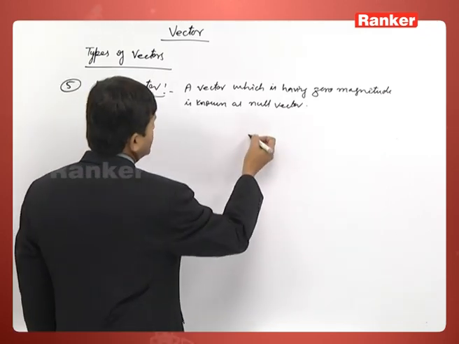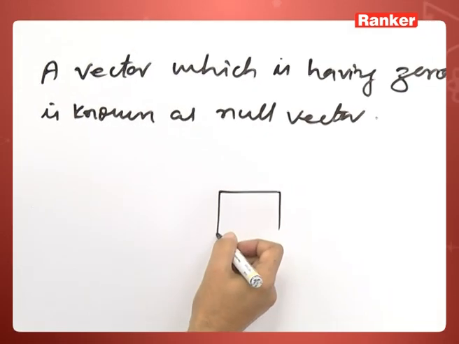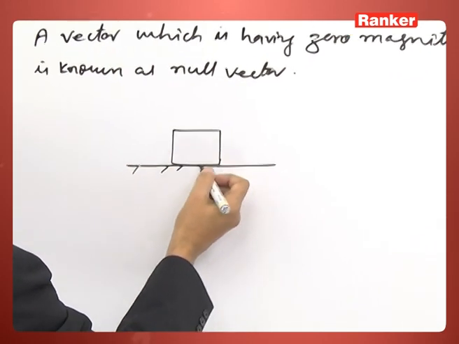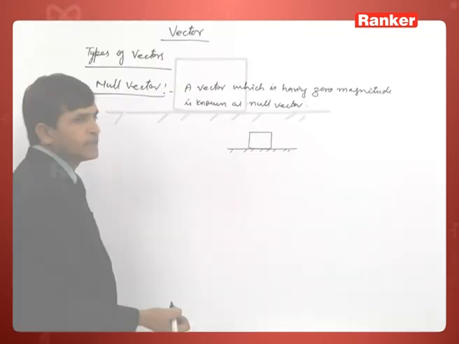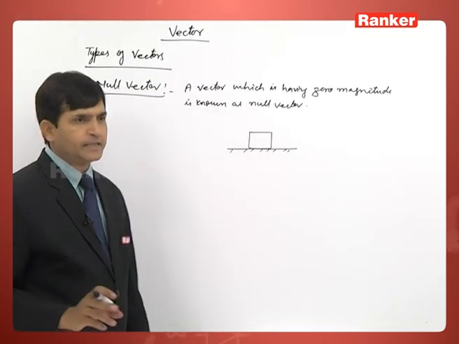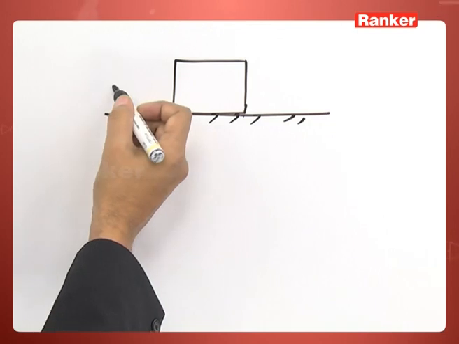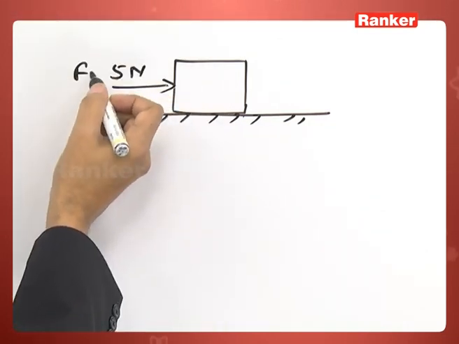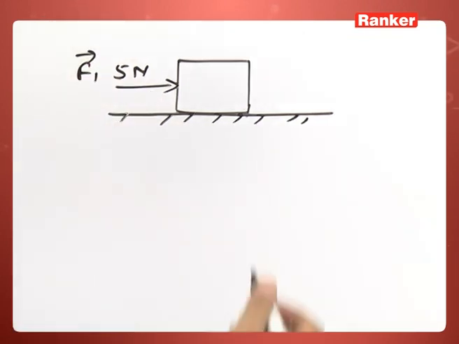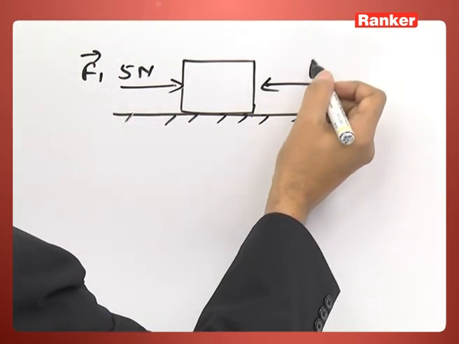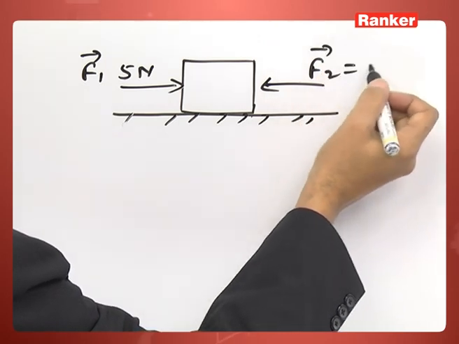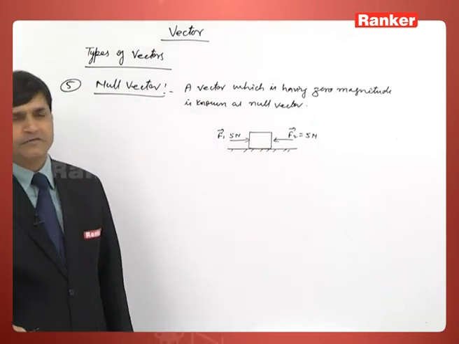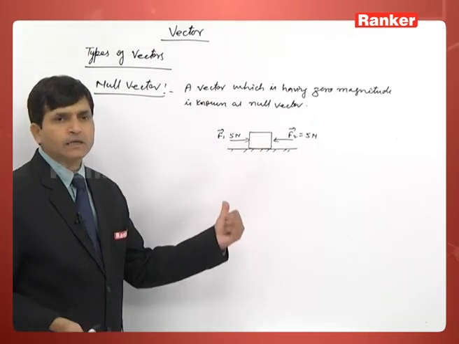For example, let this be a particle or a body kept on a horizontal surface. If a 5 Newton force acts in this direction, F1, and the same 5 Newton force acts from the opposite direction, F2, what is the net force on the body?